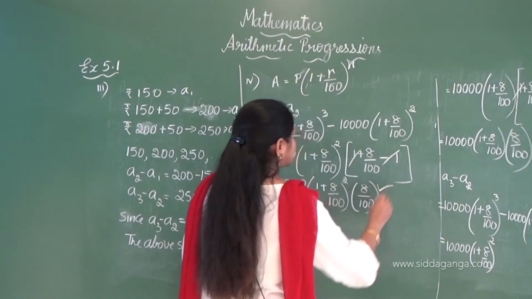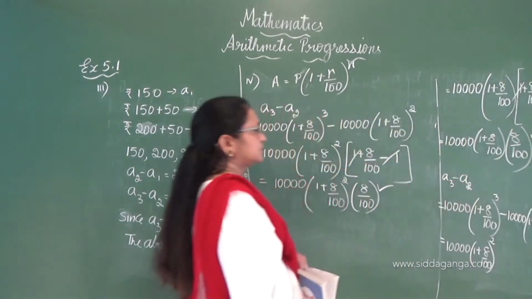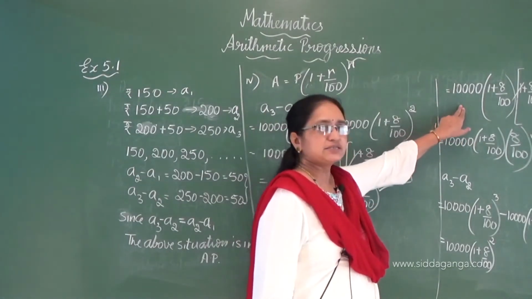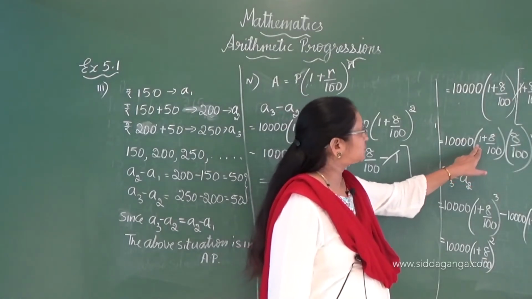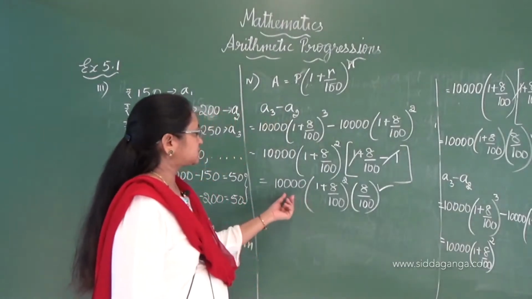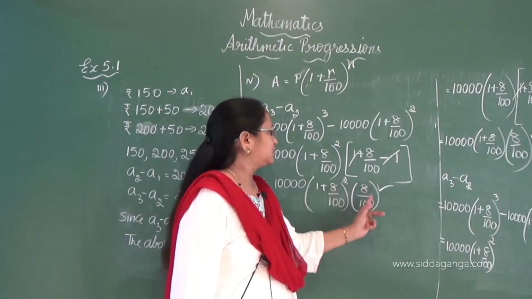See, just compare this and here we got this. See here, this is A2 minus A1, that is 10,000 into (1 + 8/100) into 8/100. In this case 10,000 into (1 + 8/100) whole square and 8/100.